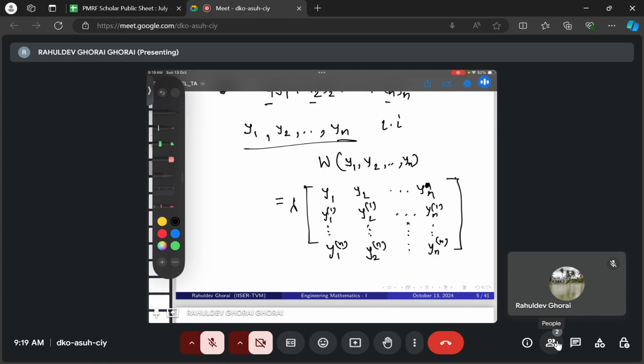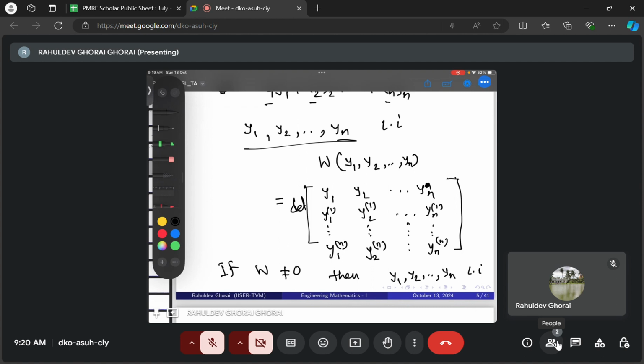The determinant of this matrix is the Wronskian. If the determinant W is not equal to 0, then y1, y2 up to yn are linearly independent.